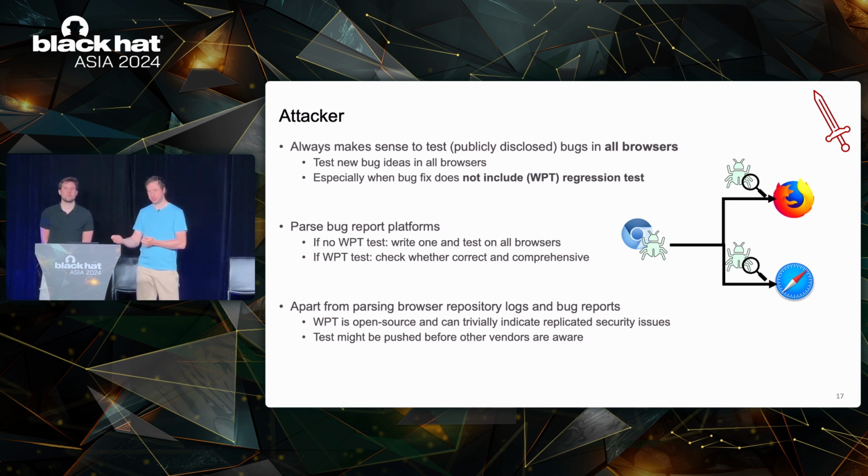Unfortunately, not all of the fixes and the bug reports contain web platform tests. So if there isn't one already, then it's sometimes fairly straightforward to just write one and then keep on testing until you find that the new browser version becomes vulnerable to it.